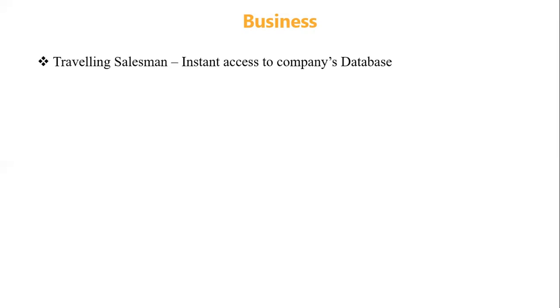And then the application of mobile communication in the business domain. Let us consider a traveling salesman who needs instant access to the company's database, but keeps on traveling. So how can he get the instant information?